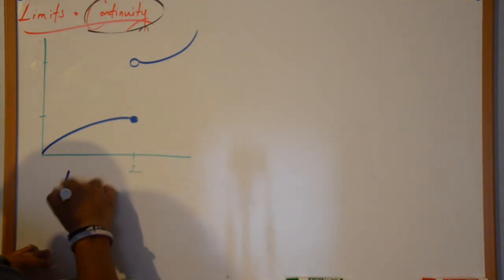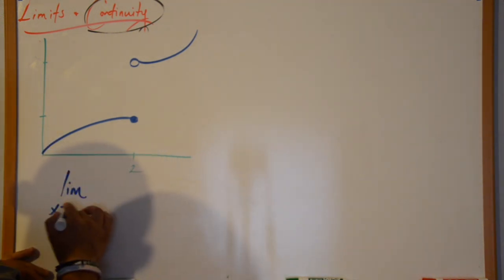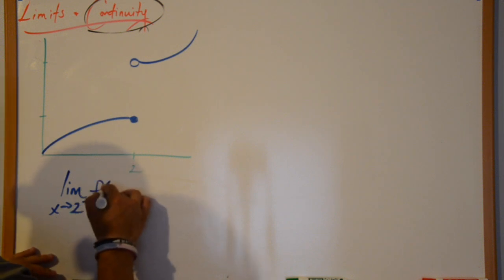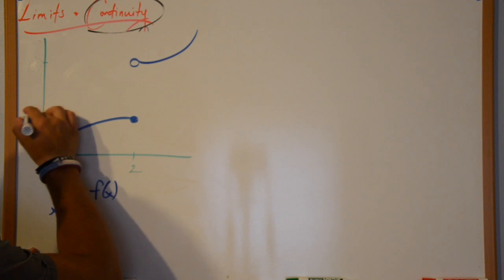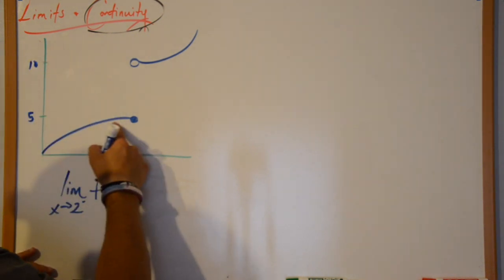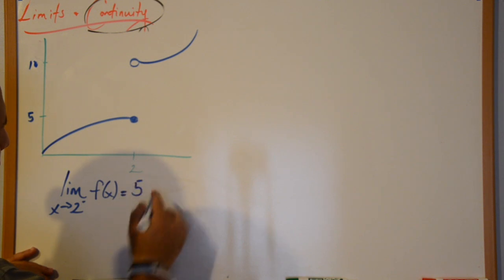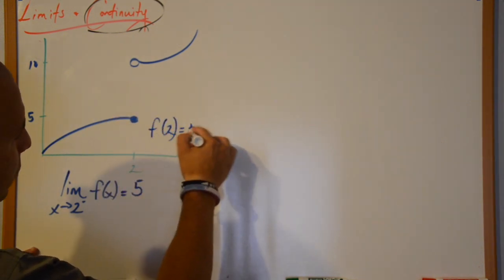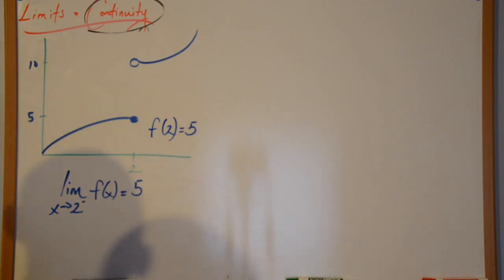If we were to take the limit as x approaches 2 from the left of this function, and let's define these values again to be 5 and 10, from the left-hand side we're coming in on 5. We also know that the output for f of 2 is 5.